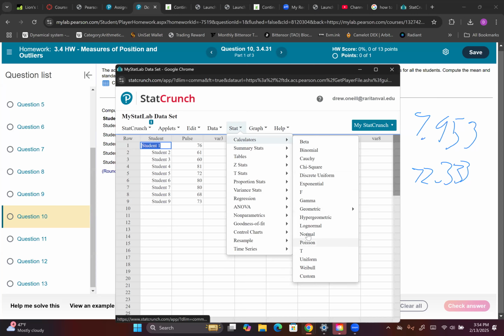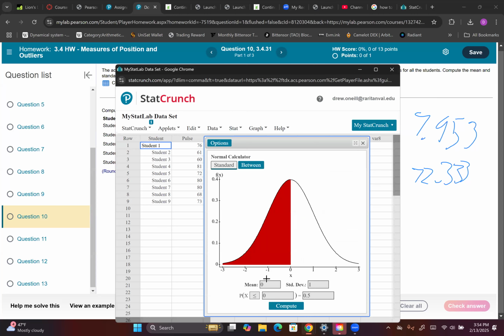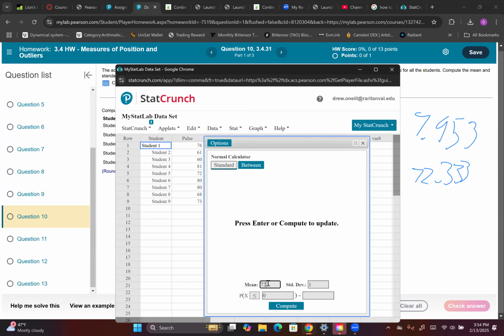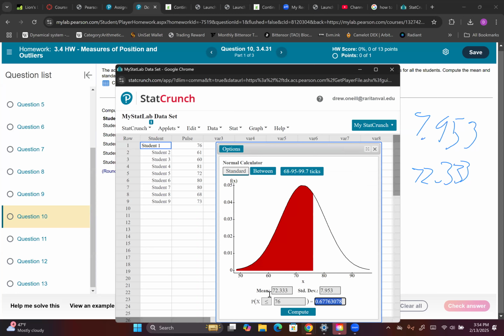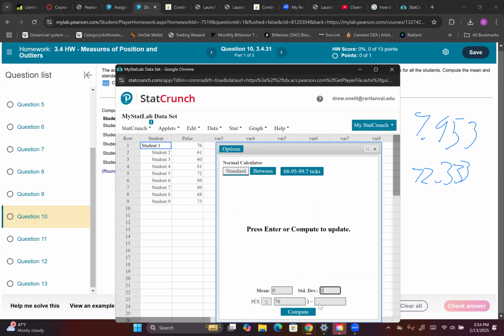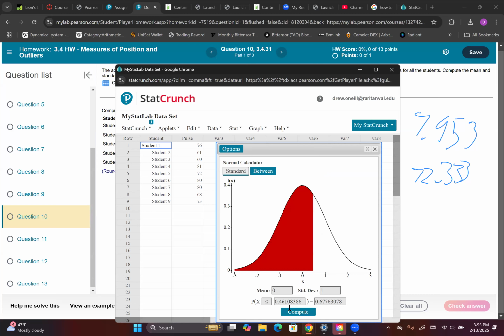So Stat, Calculators, Normal. 72.333 is the mean. 7.953 is the standard deviation. So if I want to calculate the z-score for student 1, I just enter 76 here. I copy this, and paste. And that gives me the z-score of 0.46.